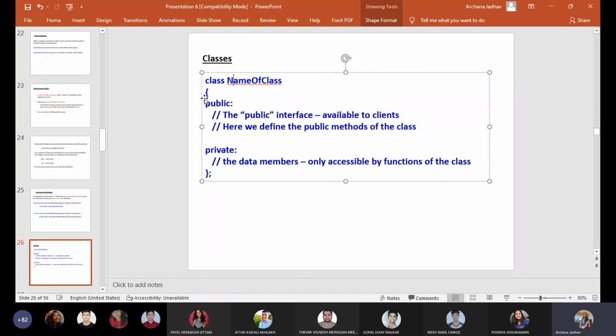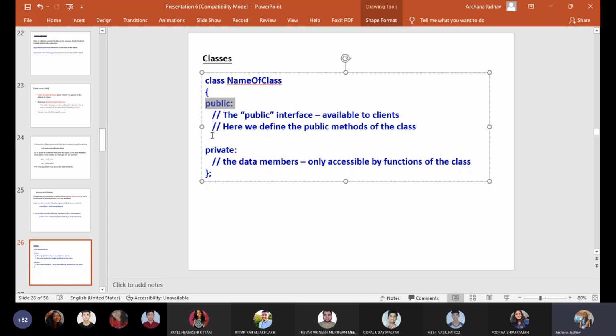Open the curly bracket. Now here you can see public and private. These two are called access specifiers. Access specifier means that inside the class, whatever you write, whether you want to give access to everyone or hide that access, because we have learned about information hiding.